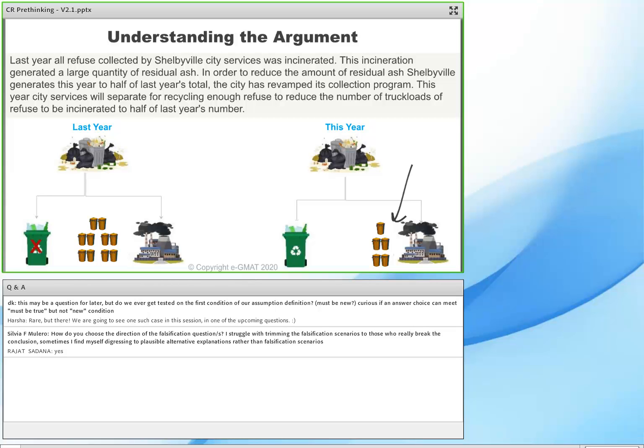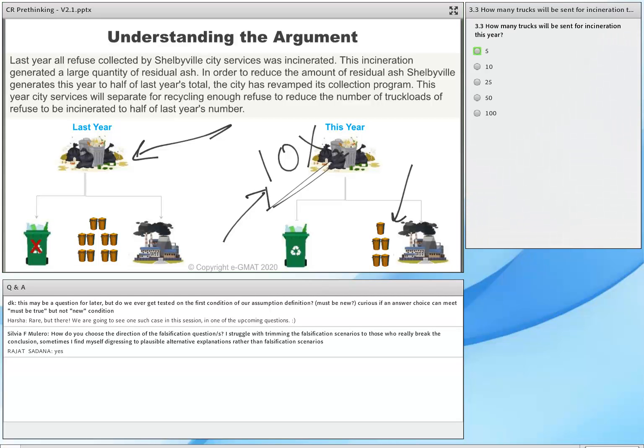If instead of collecting the same amount of refuse as last year, I collect 10 times as much refuse, how many trucks will I send for incineration this year?